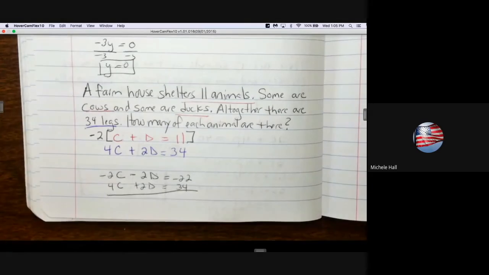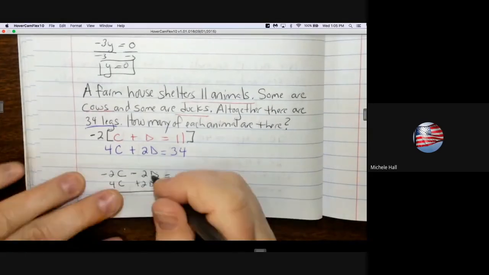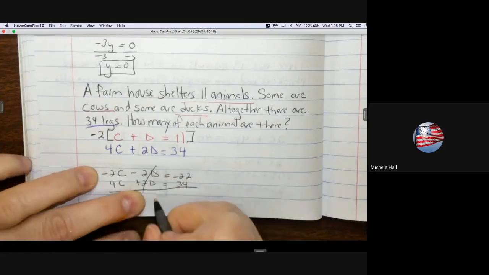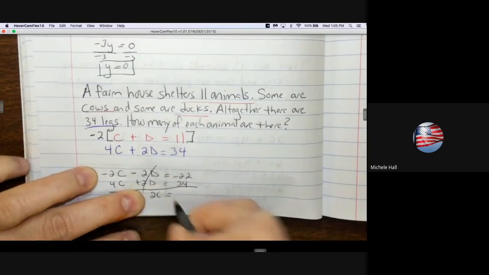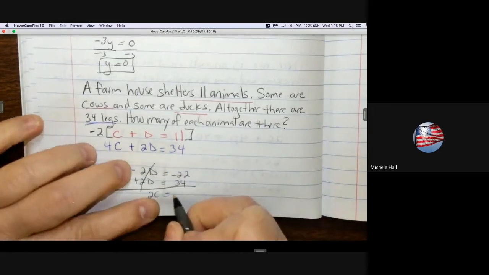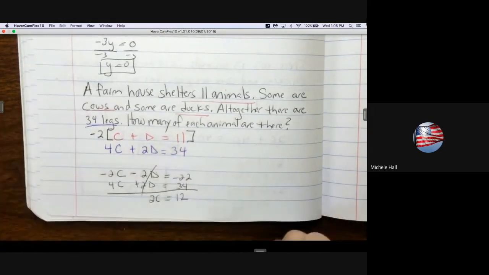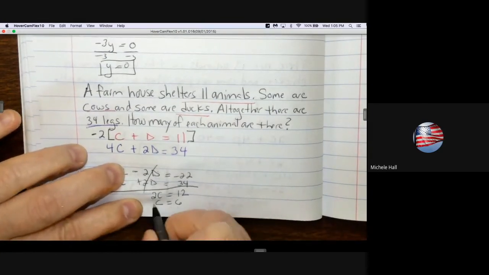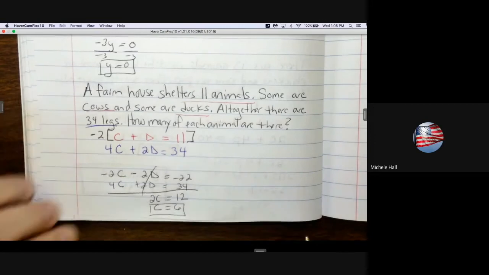Here we see that negative 2d and positive 2d are going to cancel, and we're left with 4c minus 2c and 34 minus 22. We get that cows equals 6.